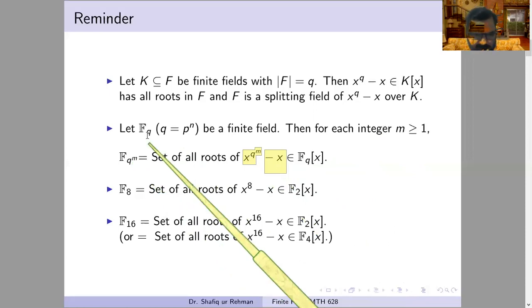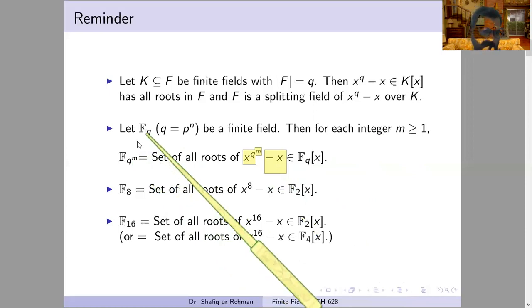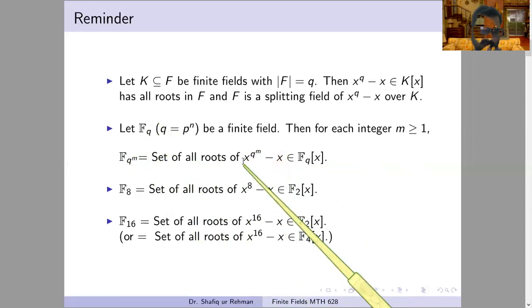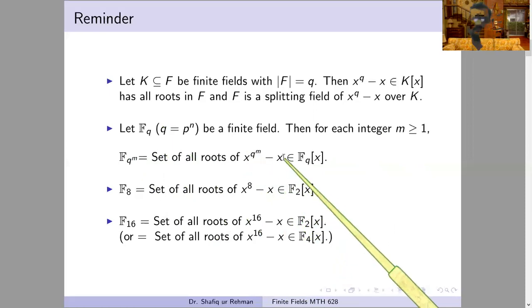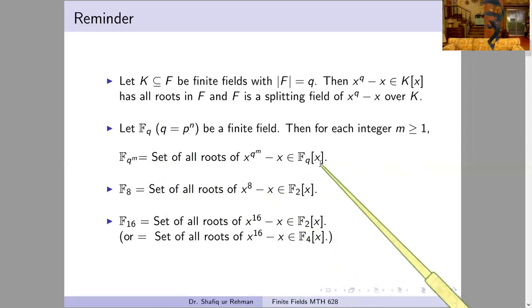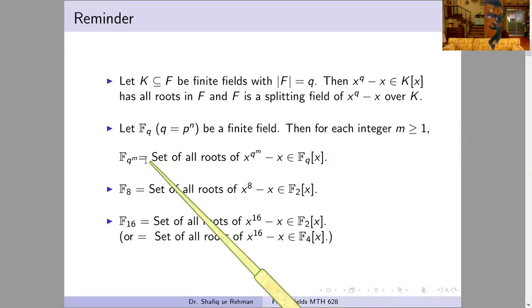Again, see, if we take this field extension, let's say F_q contained in F_(q^m), then any polynomial of this type, x^(q^m) - x belonging to F_q[x], will have all the roots in this field F_(q^m), and it will be the splitting field of this polynomial.